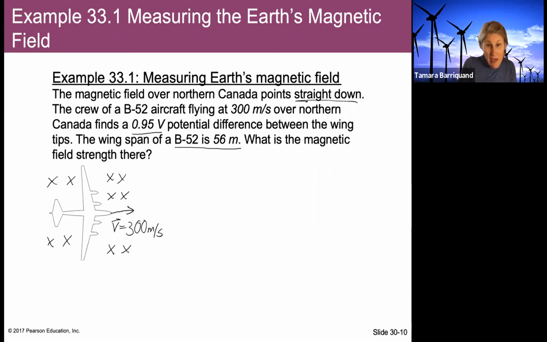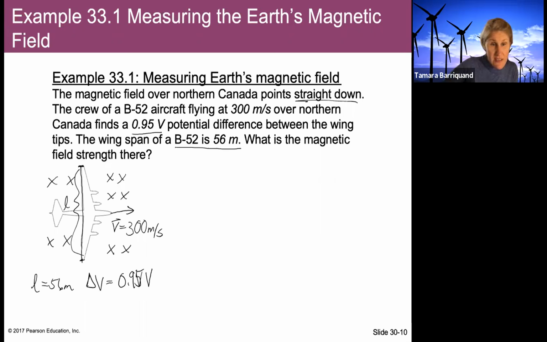And we measure from wingtip to wingtip. That length is L. We know that L equals 56 meters. And we found that the potential difference between the two wingtips, delta V, equals 0.95 volts.